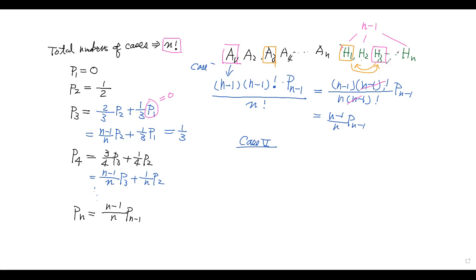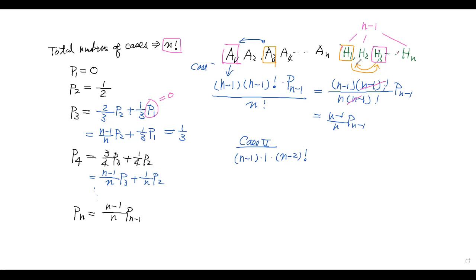For A1 choosing H3 or any other non-H1, how many do I have? I have n minus 1, correct? Then when A3 chooses, A3 has only one choice, it has to be H1. After these two switch, right, after they choose each other, how many do I have? I have n minus 2, right?